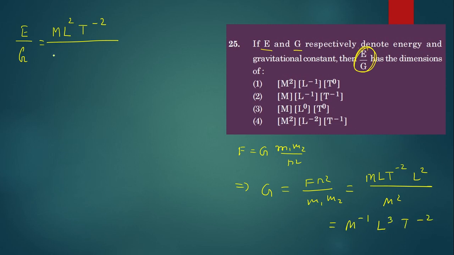Now let me put it here, m minus 1 l cube t minus 2. So this will give me m square l minus 1 t0. So this is the answer, option A. Let's proceed.